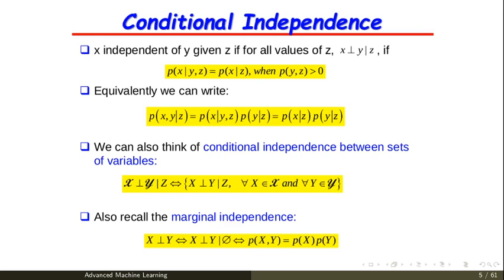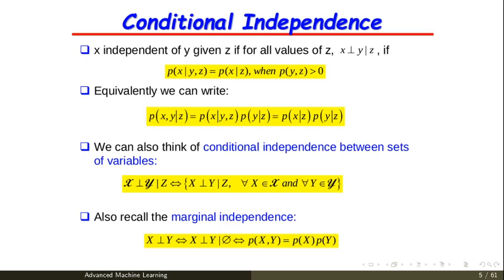We also need to think of this conditional independence relations in terms of sets of variables. So you can write a set X of random variables is independent of Y given Z for every x in the set X and every y in the set Y. For example, we will see this in graphs.